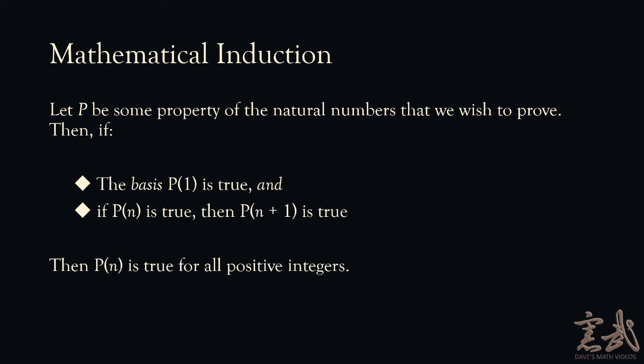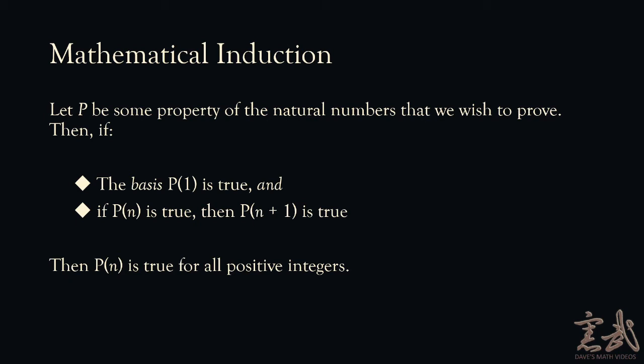Now, mathematical induction is a way of proving something, usually for the properties of natural numbers. So we let P be some property of the natural numbers that we want to prove. Then we're going to look for two things. We're going to say if P is true for n equals 1, and if P of n is true, then P of n plus 1 is true.